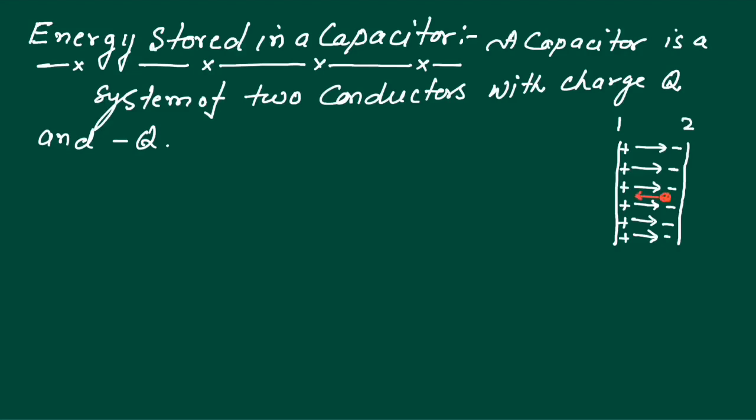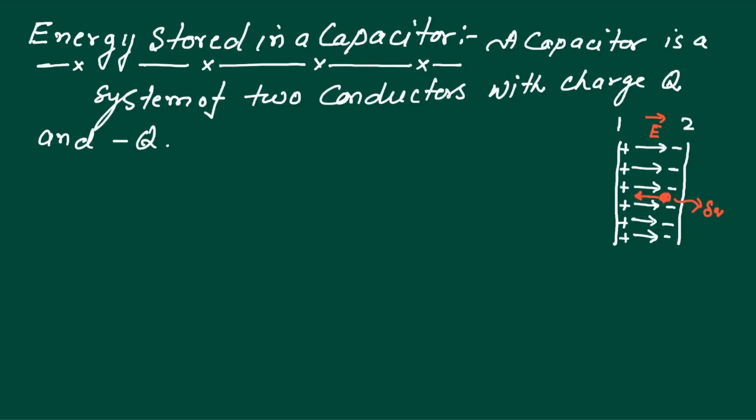This is the positive charge which we are transferring from plate 2 to 1, and it has a very small value, delta Q, in the opposite direction to that of the electric field. We have the electric field in this direction, and we are transferring the charge from plate 2 to 1 in the opposite direction of this electric field.